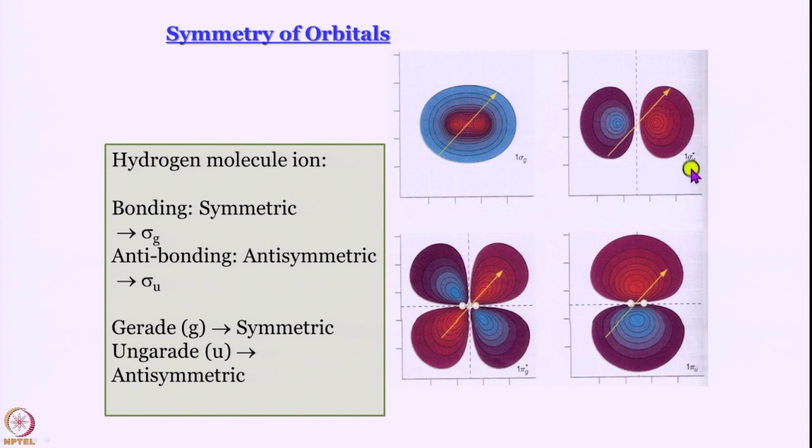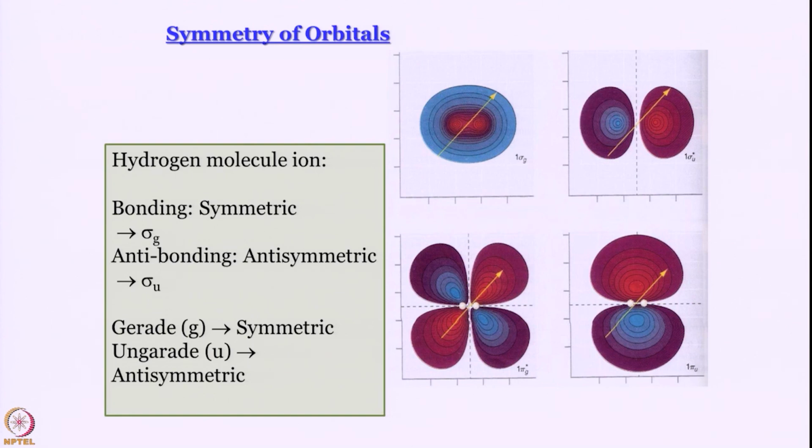The antibonding combination gives us sigma u star, and in case of pi interaction, the bonding pi orbital actually has ungerade symmetry and the antibonding orbital has gerade symmetry. So, please do not think that bonding orbitals are necessarily gerade and antibonding orbitals are necessarily ungerade, they are not.